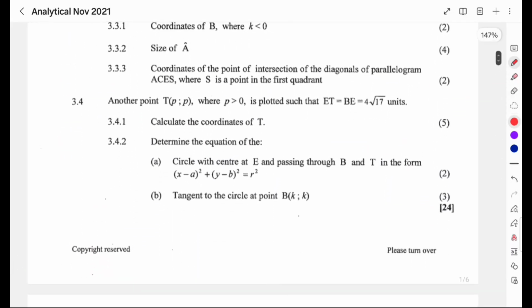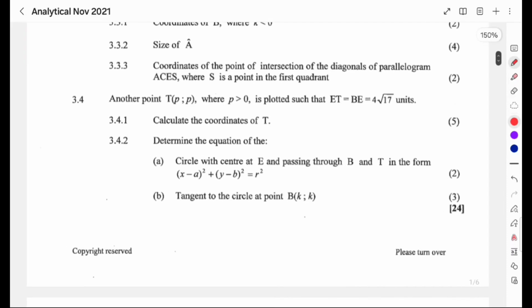Next, we have question 3.4.1, another point T, which has coordinates P and P. So please keep in mind that T has its X and Y value as the same thing. If its X value is 10, its Y value would also be 10, since it's P and P, where P is positive.